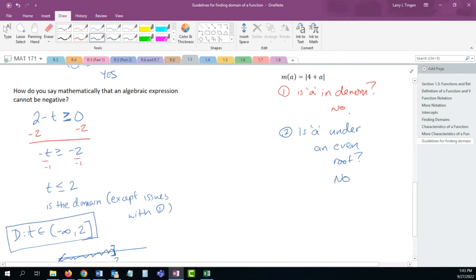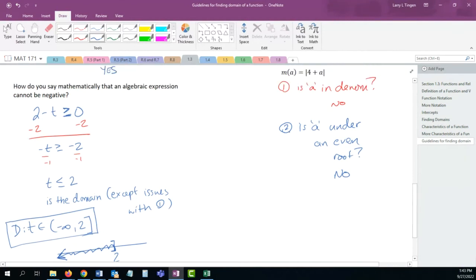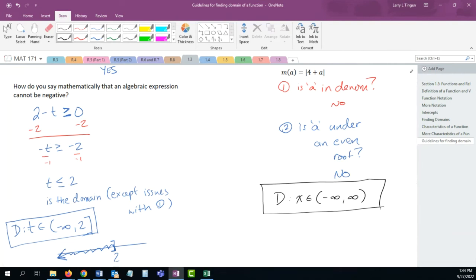No. If the answer to both of your questions is no, then the domain is automatically all real numbers. If the variable is not in the denominator, and if the variable is not under an even root, the domain is all real numbers, because there's no value of a that breaks either of those two rules.